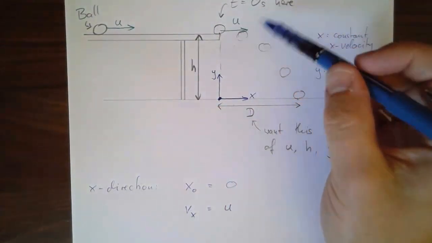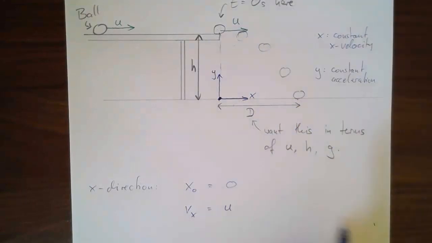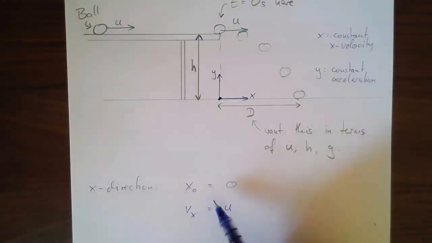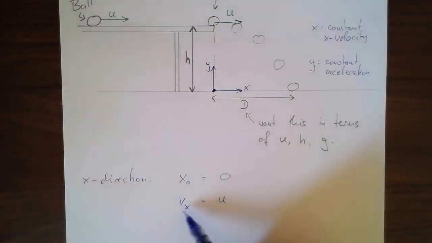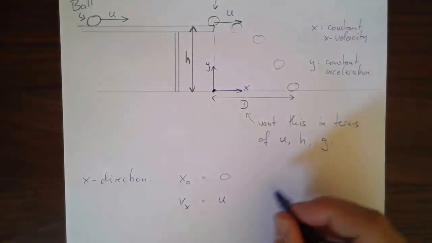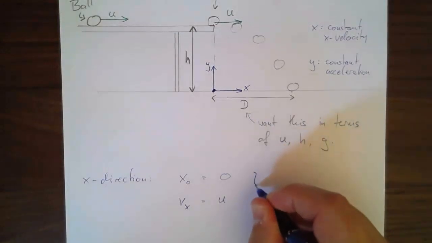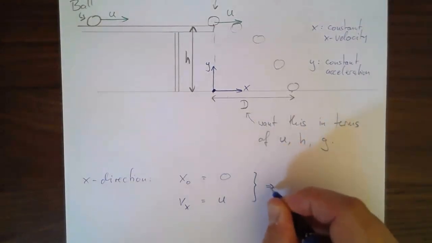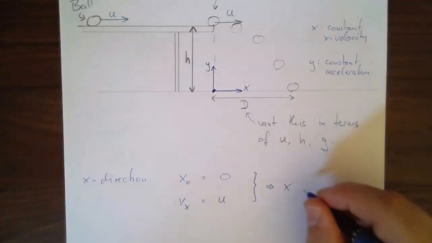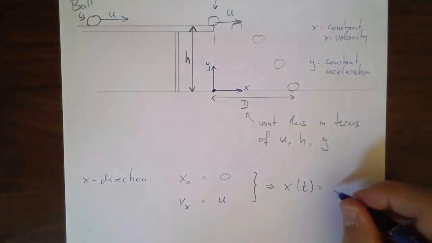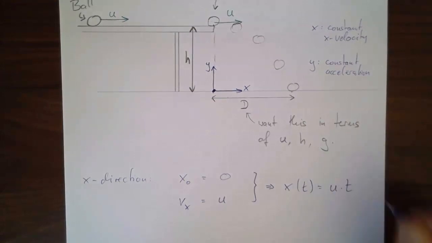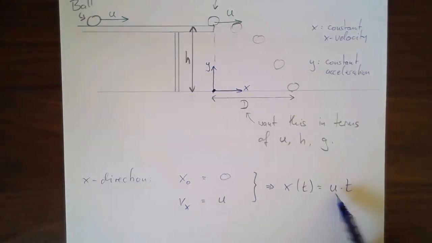We look at that later. This one just points to the right. So we know the initial position, we know the constant velocity, and together those imply that the x position as a function of time is just u times t, because that's the velocity in the x direction.